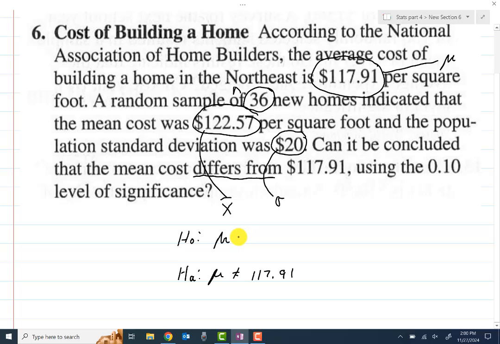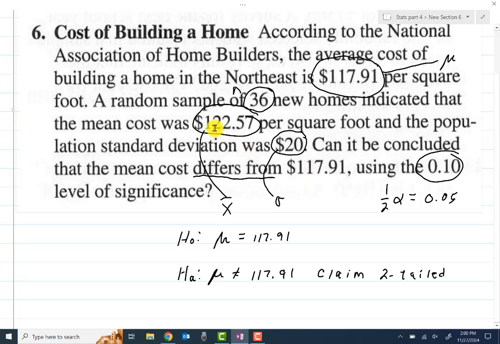And then of course this is mu equals 117.91. This is the claim. And it's two-tailed. What that means is we're going to take this and divide it by 2. So that's the p-value. We're going to compare the p-value to the 0.05.